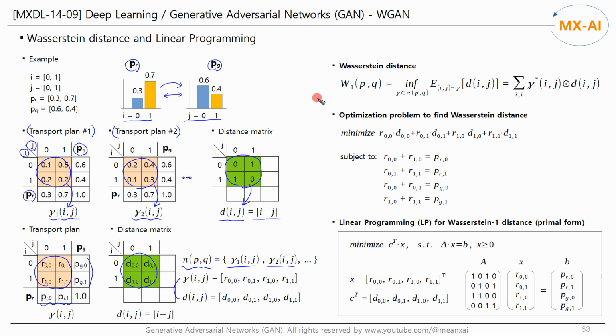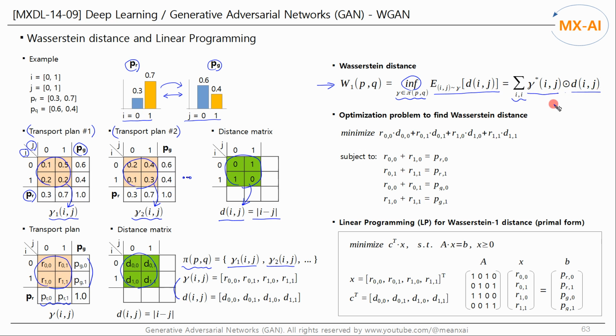As we saw in the previous video, Wasserstein 1 distance is defined as follows. The Wasserstein 1 distance is the smallest gamma-weighted average distance among those computed using all gammas in the set pi. This can be expressed as the sum of element-wise products between the optimal gamma matrix and the distance matrix.